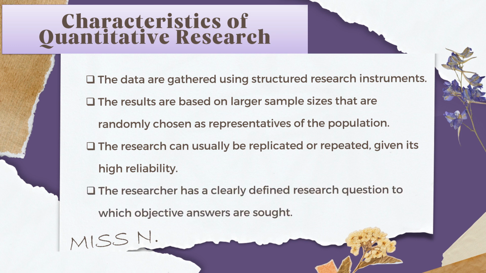Next, the researcher has a clearly defined research question to which objectives are sought. So the researcher must be very clear when it comes to the statement of the problem, because that is their goal, wherein they are trying to look for solutions to a certain topic. In the statement of the problem, those are the questions that they are going to seek from their respondents.